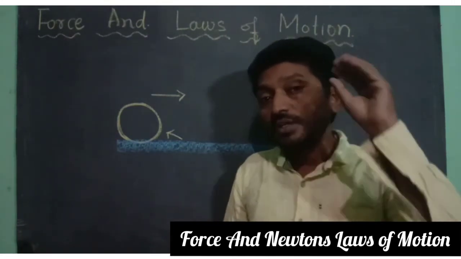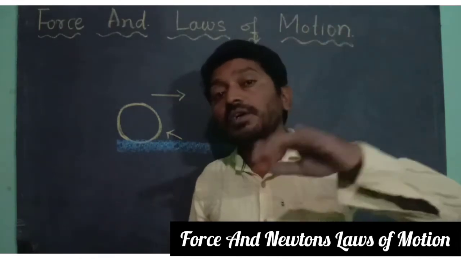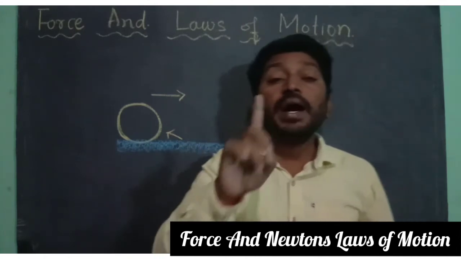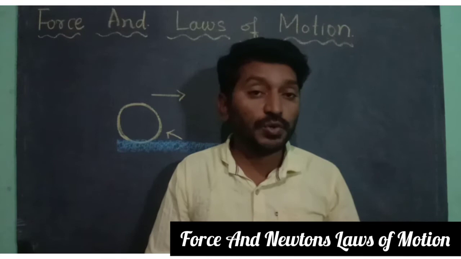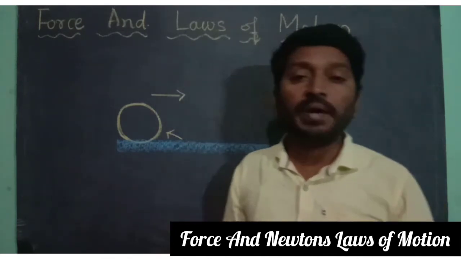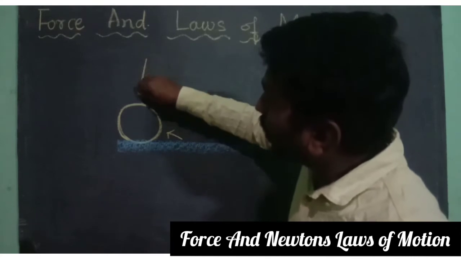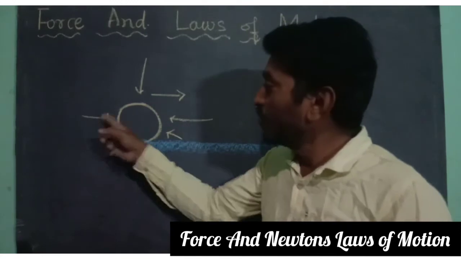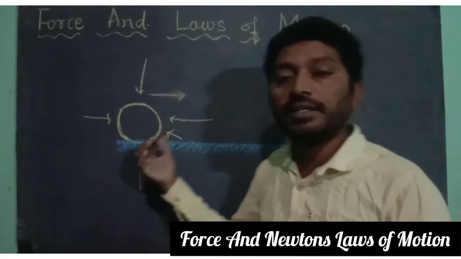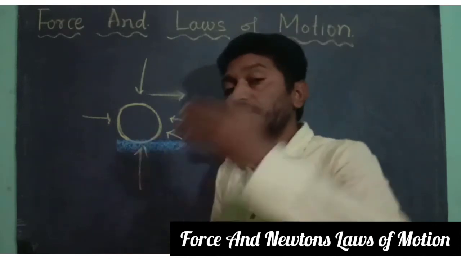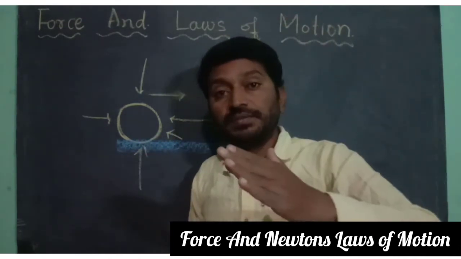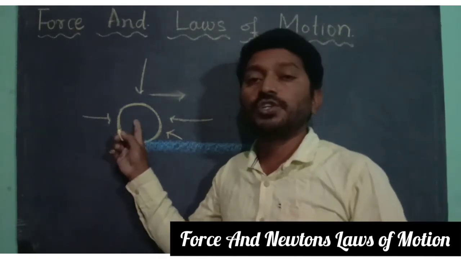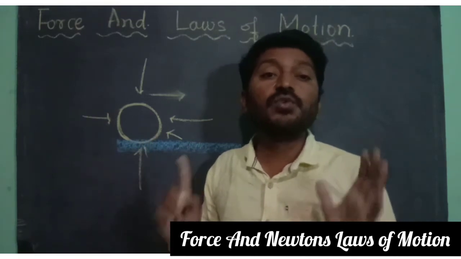Force is applied on objects at the same time or at different times, so we have balanced and unbalanced forces. What are balanced and unbalanced forces? When two or more forces act on the same object, if it continues in its state of rest or uniform motion, then it is called a balanced force.